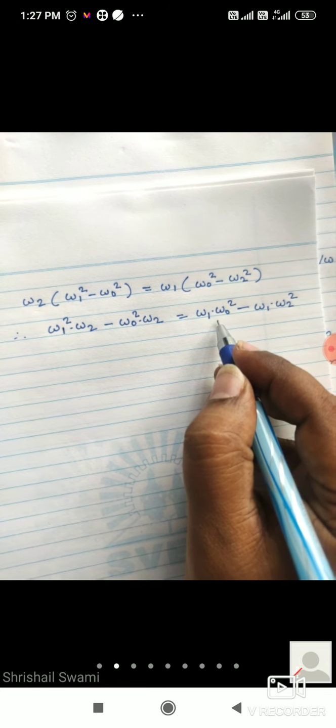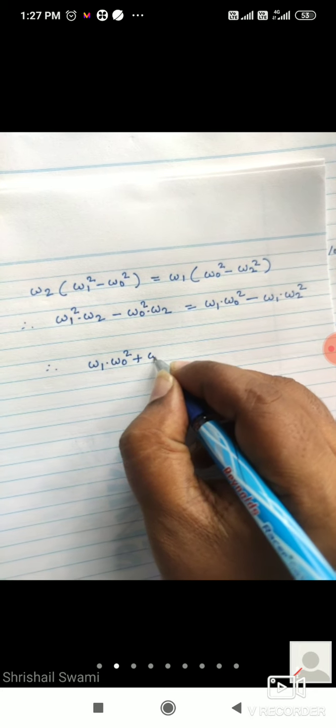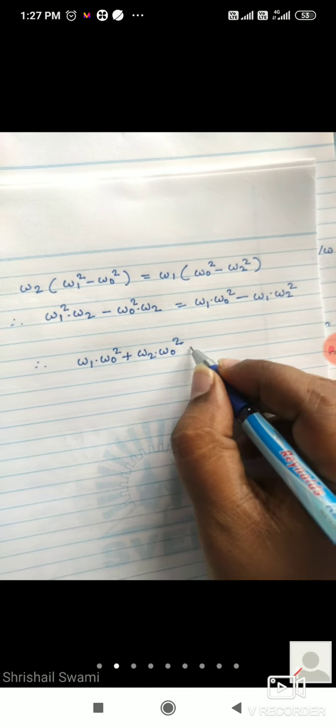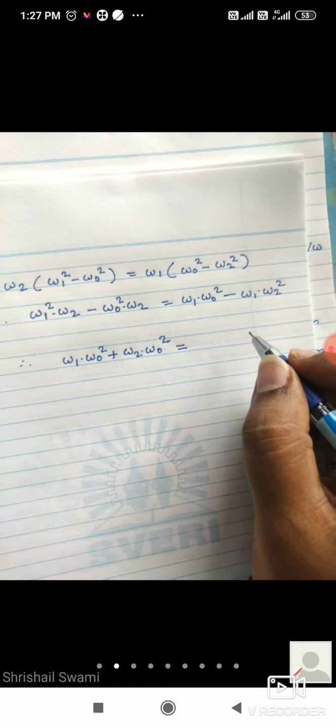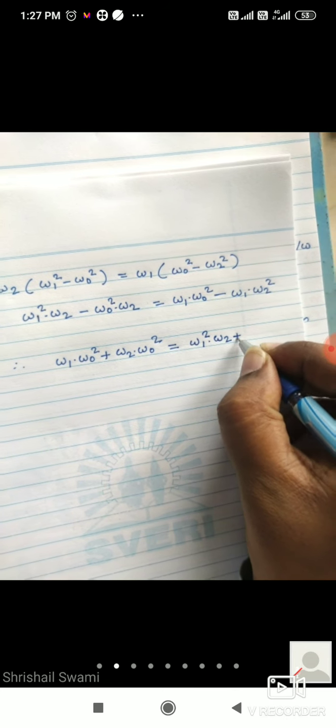So take the omega 0 terms on one side and remaining you can take in the right hand side. Taking this one in the left hand side: omega 1 into omega 0 square plus omega 2 into omega 0 square. The remaining terms you can take on another side, that is omega 1 square into omega 2 plus omega 1 into omega 2 square.